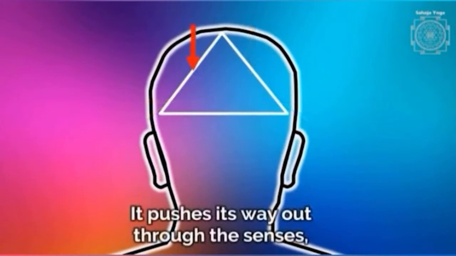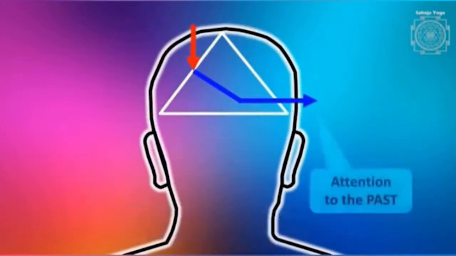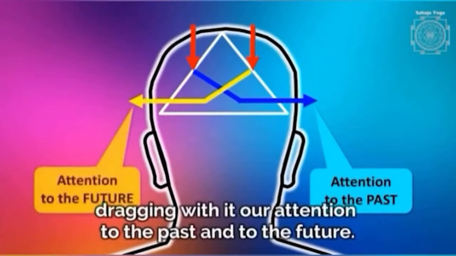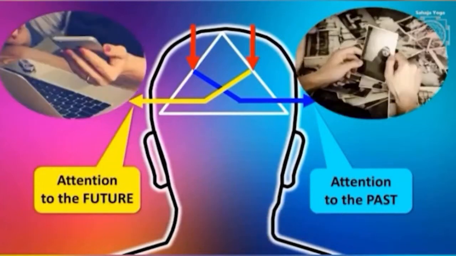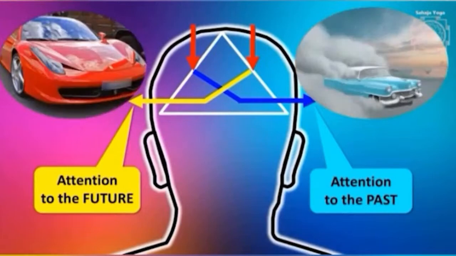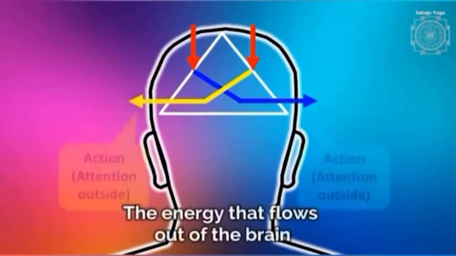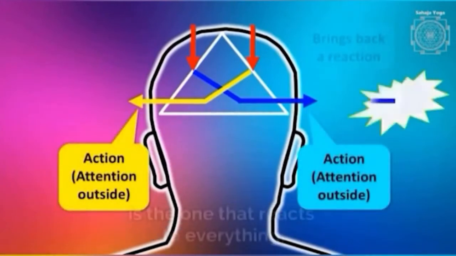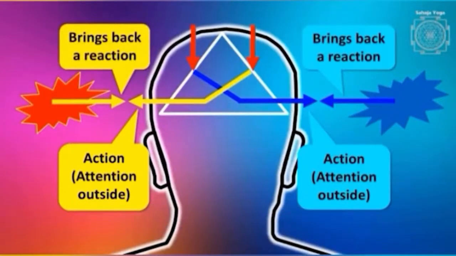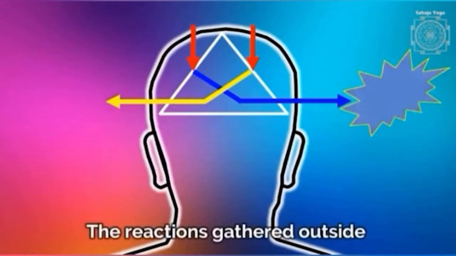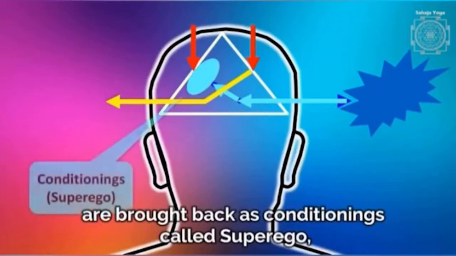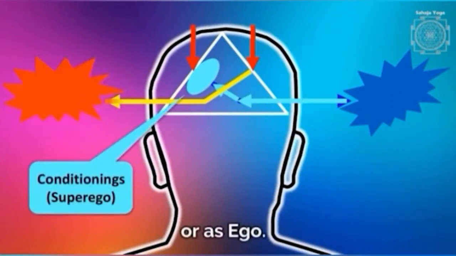It pushes its way out through the senses, dragging with it our attention to the past and to the future. The energy that flows out of the brain is the one that reacts to everything. The reactions gathered outside are brought back as conditionings called superego, or as ego.